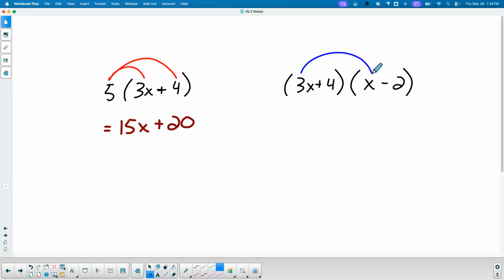So what is 3x times x? I'm not multiplying by 1, correct? So it can't be 3x again. If I multiply 3x by anything other than 1, it's not going to be 3x anymore. 4x would be adding. This is multiplying.